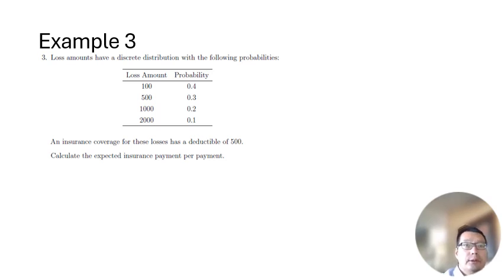Similarly, we first calculate how much you will pay for each of the losses. Since the deductible is 500, for the first two rows we will pay 0 because it's less than or equal to 500. For the third one, you will pay 500. For the fourth one, you will pay 1500.